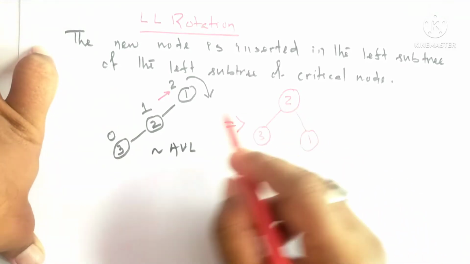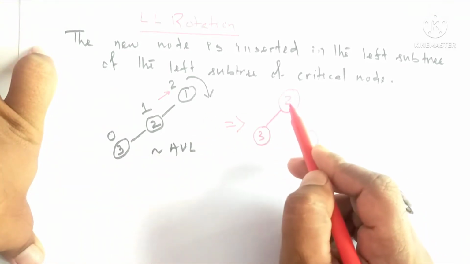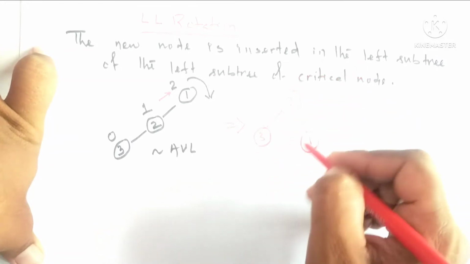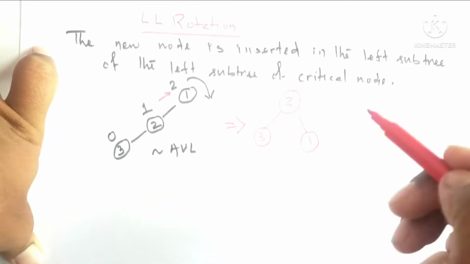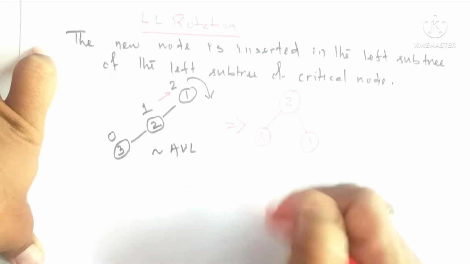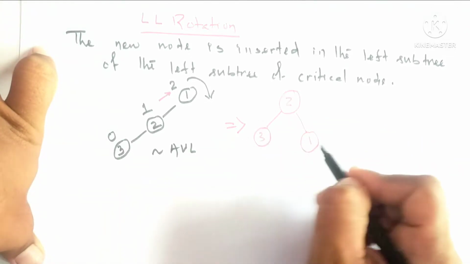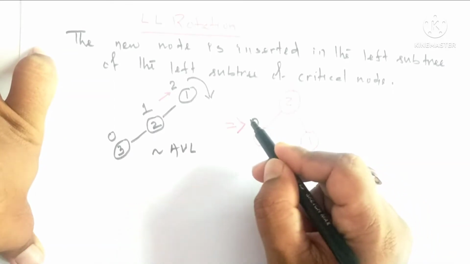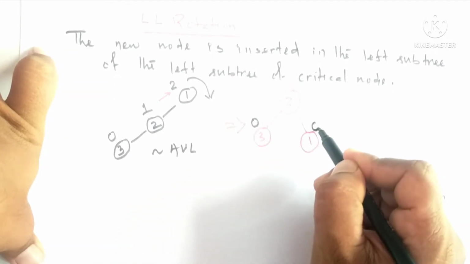Just imagine that. This is the node number, not the value. What is going to happen here? The height of the tree is now 2, and nodes 3 and 1 are leaf nodes, so the balance factor is 0 for each.